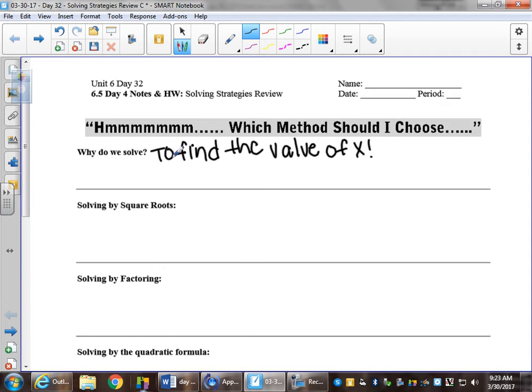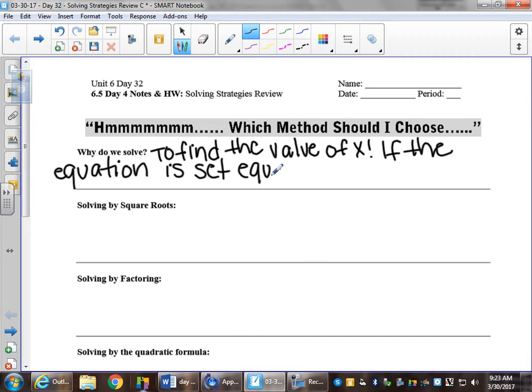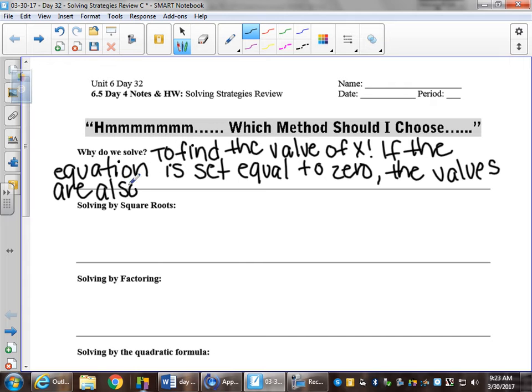Because I'm going to write more, so I want to make sure it all fits. If the equation, I'm starting up here just because there's going to be more, is set equal to 0, these values are also the, what are those called?